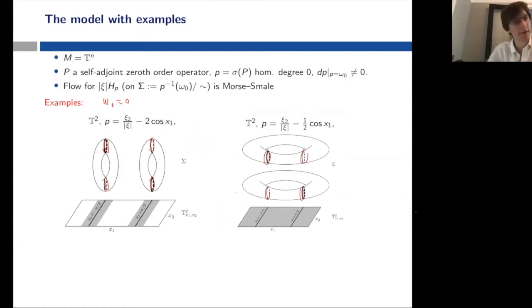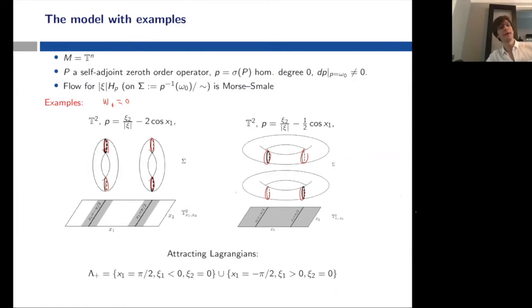And so in either case, you have these nice attracting Lagrangians at x1 is either plus or minus pi over 2, and the sign of C1 should be fixed and C2 should be 0. So these are the sinks of this flow. This is where you end up if you flow forward in time for long enough.